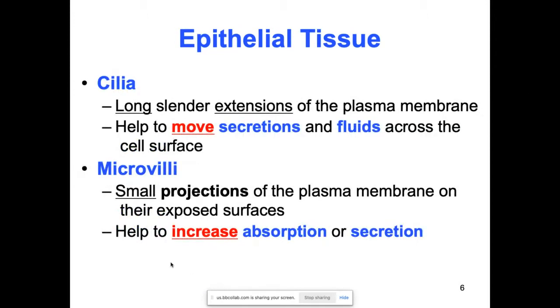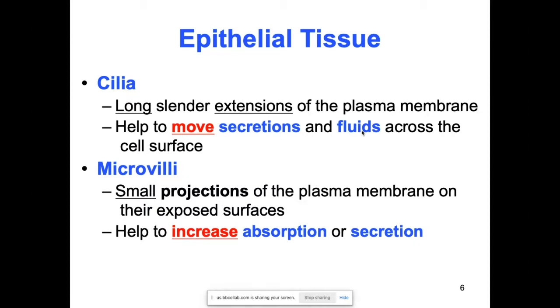Okay? So the cilia and microvilli are within the same family. It's just cilia are much longer and slender extensions, whereas the microvilli are more microscopic. They're smaller projections. But both of these can come off the cell membrane, right? The cilia help to move secretions.